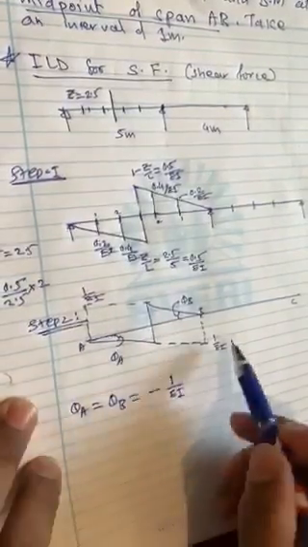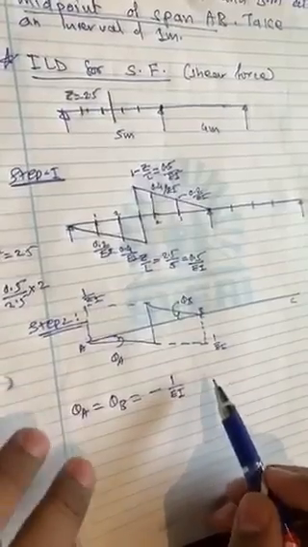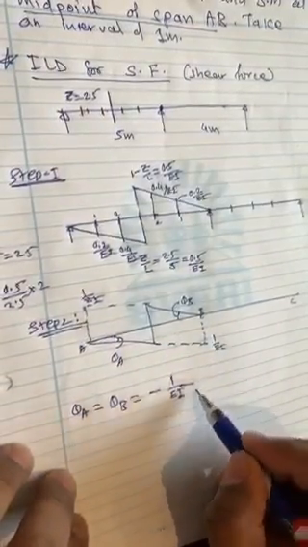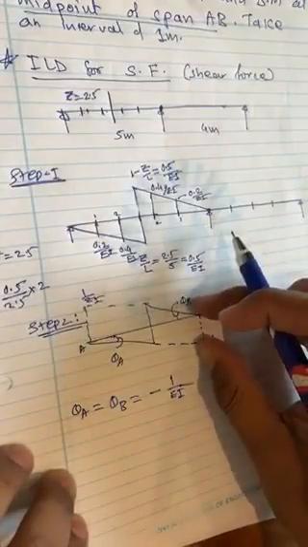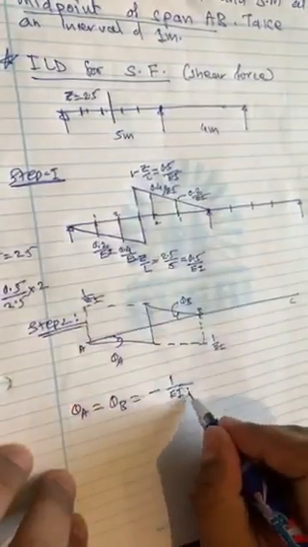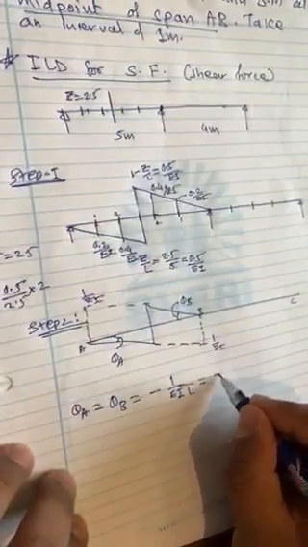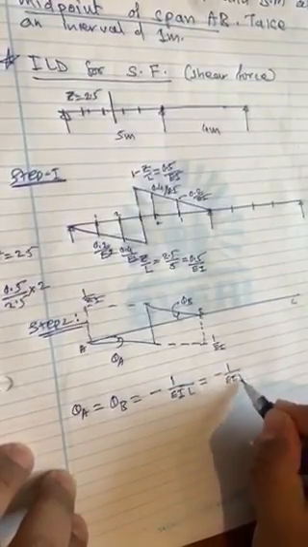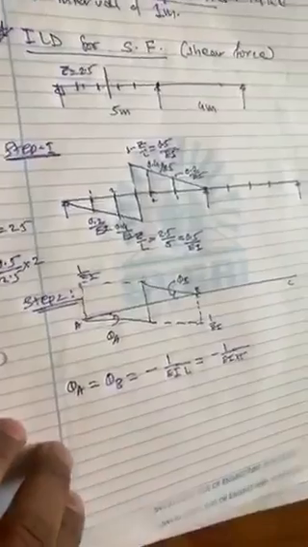You can apply the tan theta formula. Minus 1 by EI is the front side, and then this will be divided by L. So this will come as minus 1 by EI, and let us put L value as 5. Okay, so this is theta A and theta B.